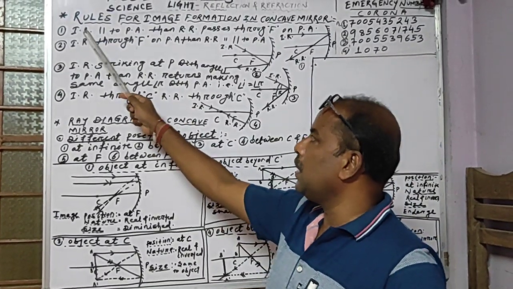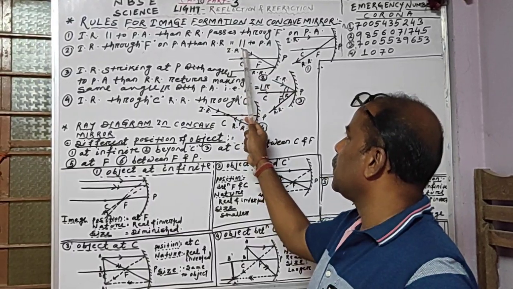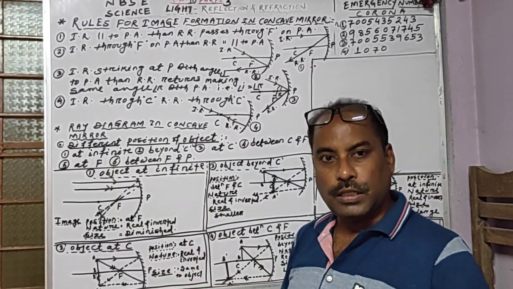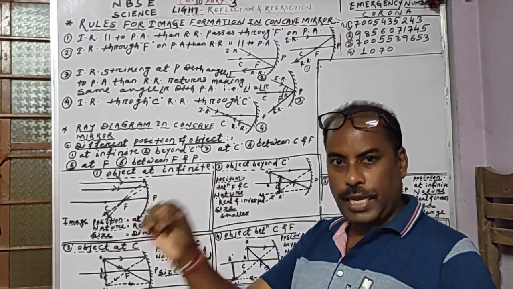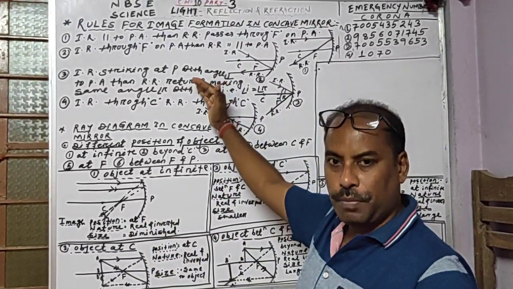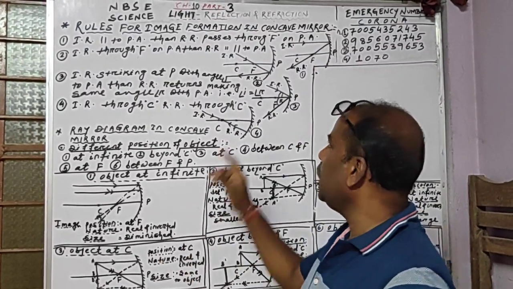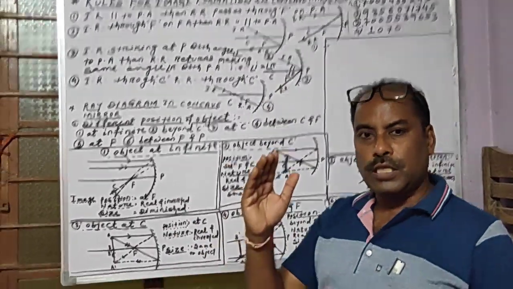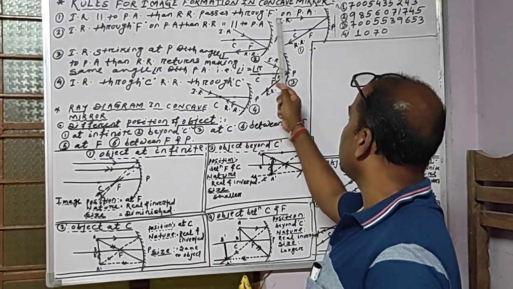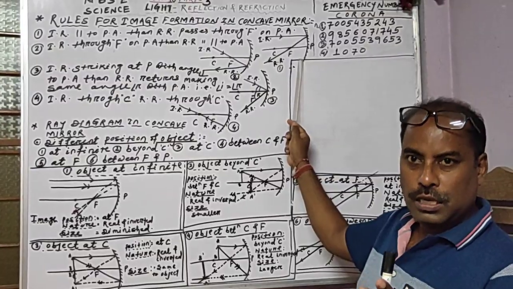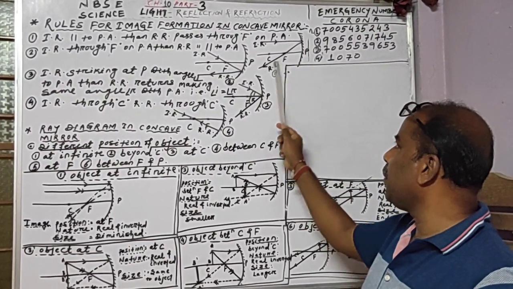What is incident ray? The ray which comes from the object towards the mirror is called the incident ray. The ray which strikes the reflecting surface is known as the incident ray. And what is reflected ray? After the incident ray strikes the smooth surface, it returns back.